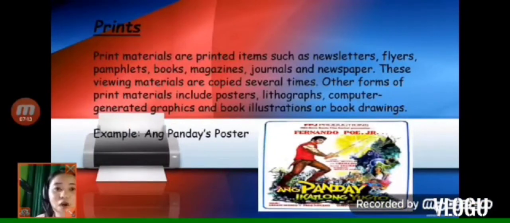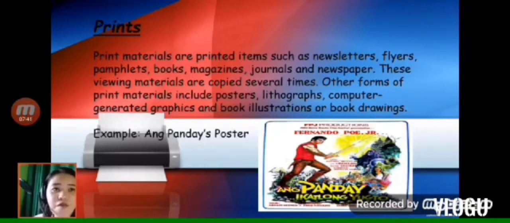Next, we have also prints. Print materials are printed items such as newsletters, flyers, pamphlets, books, magazines, journals, and newspapers. These viewing materials are copied several times. You can reprint copies.